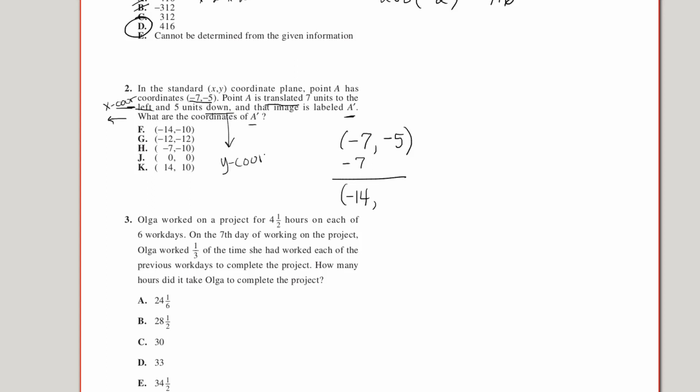So we're not changing the X coordinate anymore. We know that the X coordinate of A prime is negative 14. When we look at our answer choices, there's only one option with an X value of negative 14, and that's answer choice F. So we can already put the answer down and stop right here. But let's go ahead and finish out this problem, though you do not have to do this when you're taking the actual test.